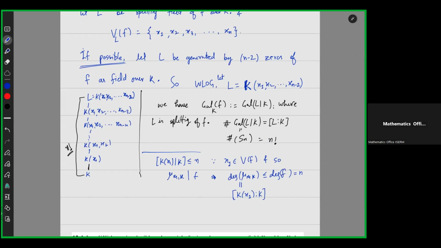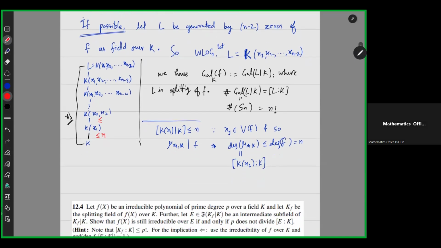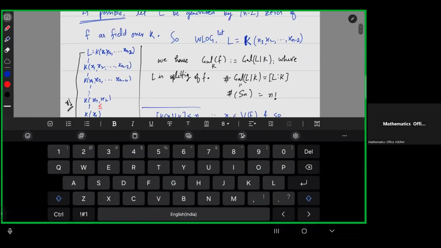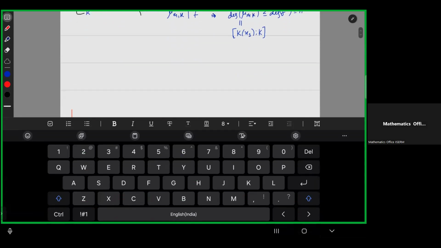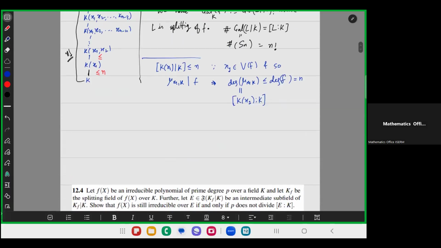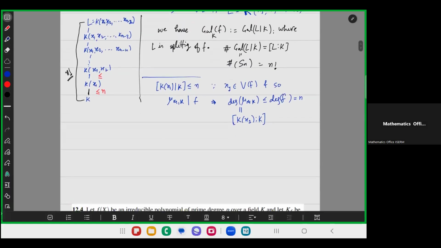So the degree of extension I'm writing here is at most n. Now what happens to the next degree of extension?